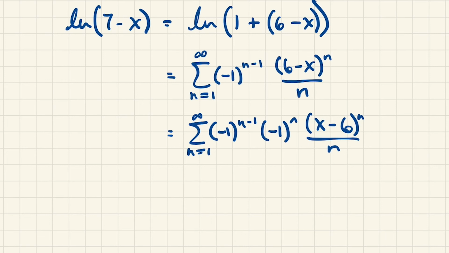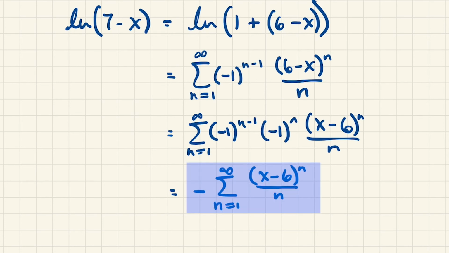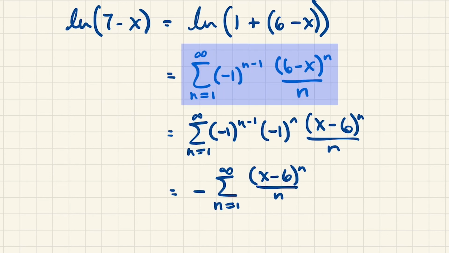But we're back in this situation where we have negative 1 to the n minus 1 times negative 1 to the n. Last time we knew that that simply collapsed to a single negative factor, so we can just write our series this way. And you can see that whole endeavor was worthwhile because this form is a lot cleaner and more descriptive of the situation than this form here that we were in danger of leaving it as.